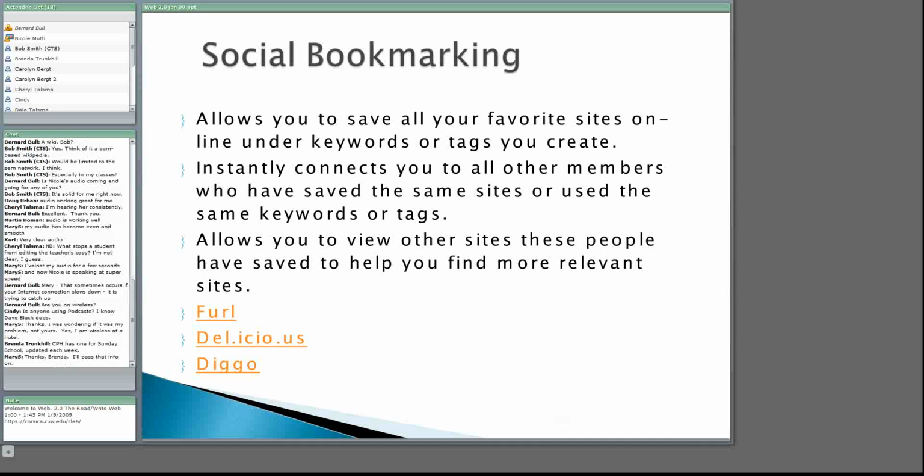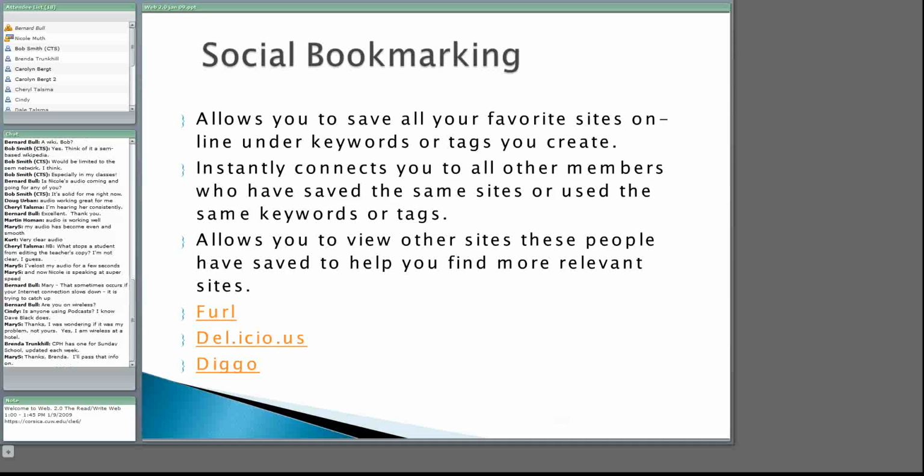Well, with social bookmarking, it's all hosted online, so you have access to it from any online connection. The other thing it does is as you save sites, it allows you to share them with other people. So you can see who else has saved that site, and then you can look at what else they have saved.